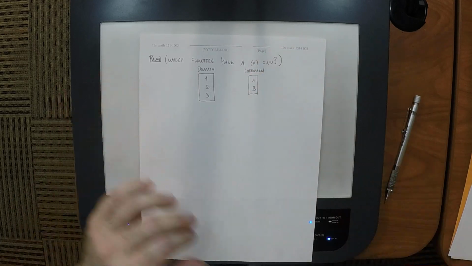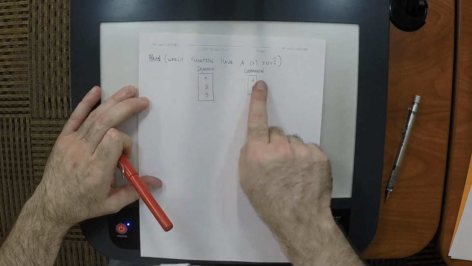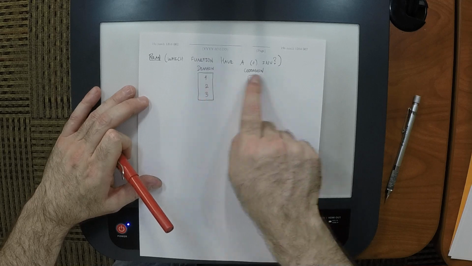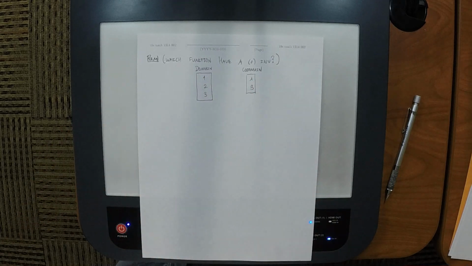A relation is where you draw arrows from the domain to the codomain, and you can draw as many arrows as you want. You could say 1 goes to A and to B, and maybe it even goes to B again. You can do all kinds of crazy stuff.